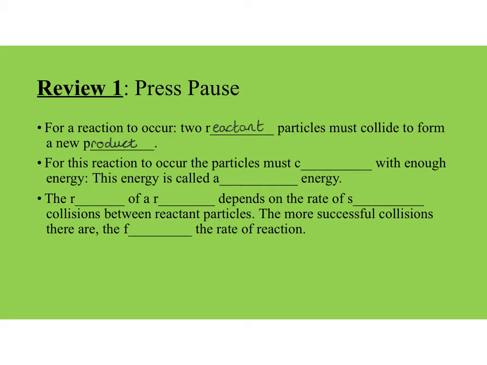For this reaction to occur, the particles must collide with enough energy. This is called activation energy, okay? The rate of reaction depends on the rate of successful collisions. The more successful collisions there are, the faster the rate of reaction, okay?